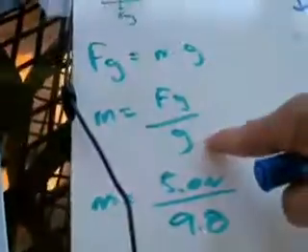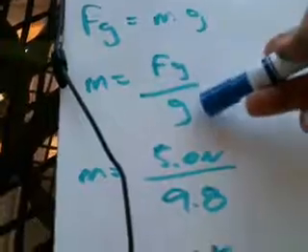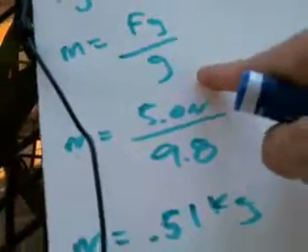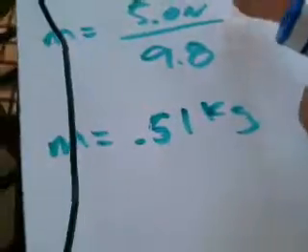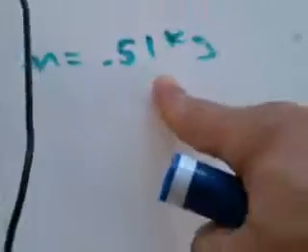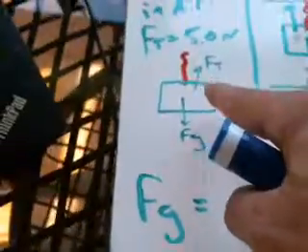So the mass of this object is its force due to gravity divided by the acceleration due to gravity. Force is mass times acceleration, which means mass is simply force divided by acceleration. The force of gravity divided by 9.8: 5 newtons divided by 9.8 meters per second squared gives you 0.51 kg. So the mass of this object is 0.51 kg.